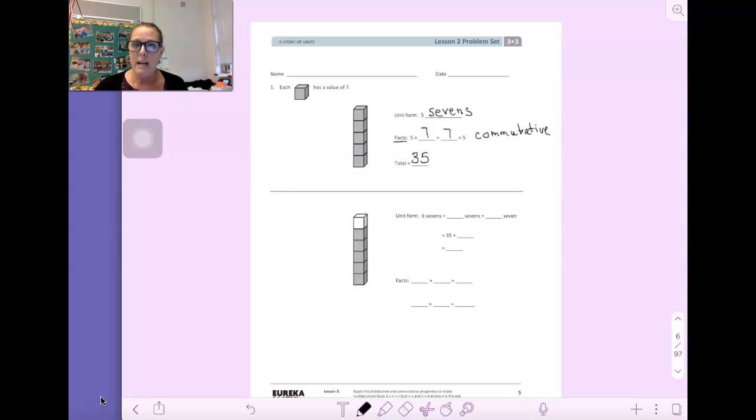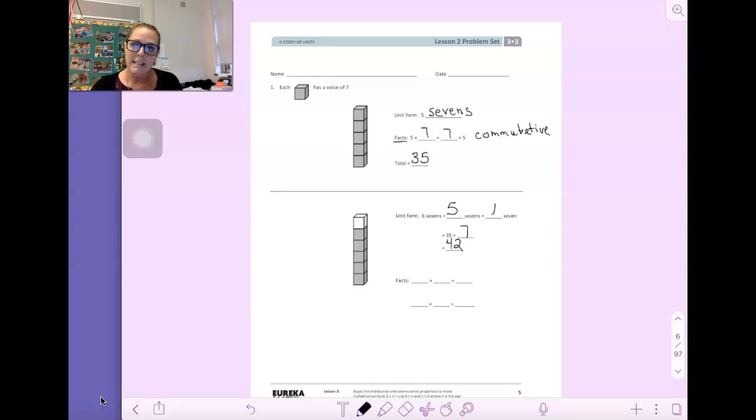Now, let's take our unit form down at the bottom. 6 sevens is equal to 5 sevens plus 1 more 7. So if we know our 5 times 7, we can do some other facts, which gives us 35 plus 7 more, which is 42.